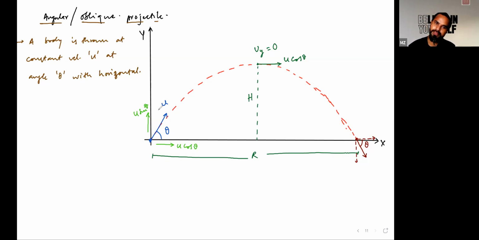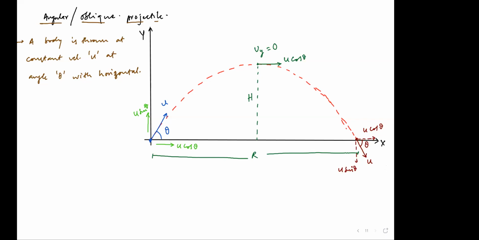So this is your velocity of projection, and on hitting the ground it will remain the same. Similarly, this is your angle of projection, and on hitting the ground it will remain the same. So it will have u cos theta and u sin theta as components on hitting the ground. Is it clear to everyone?